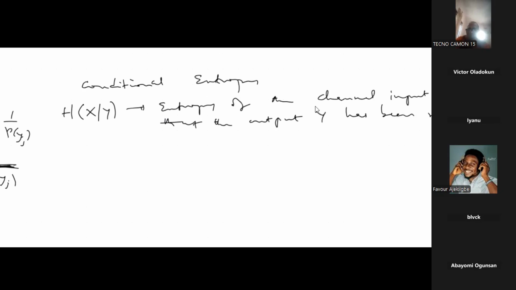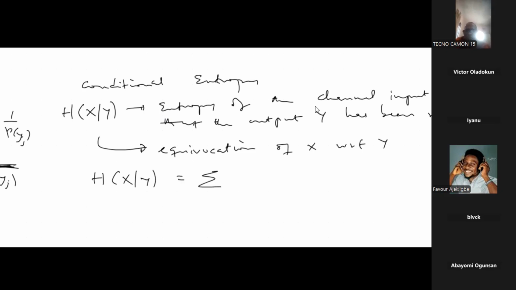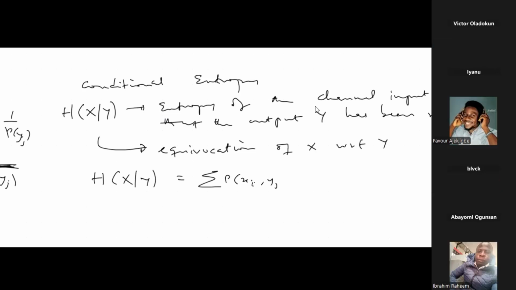It's quite unconventional, but we call this the equivocation of X with respect to Y. And this is the same as H(X|Y) equals sigma the joint probability distribution, log 1 over the conditional probability of xi given yj, for all values of i, j.